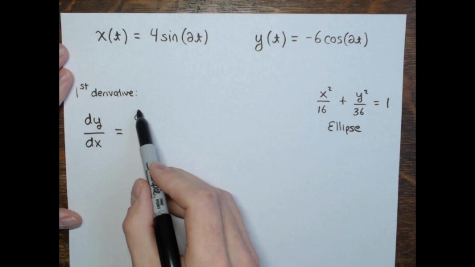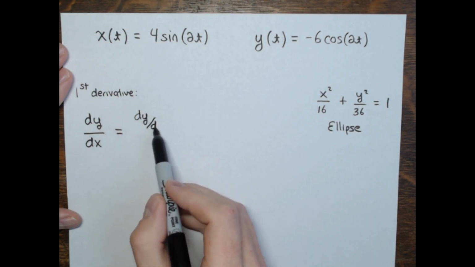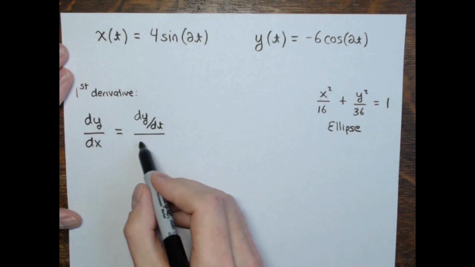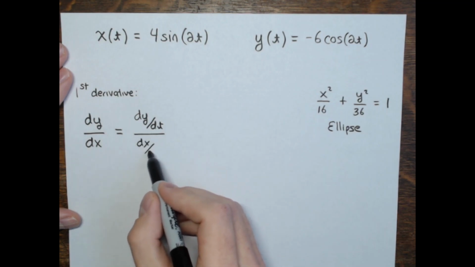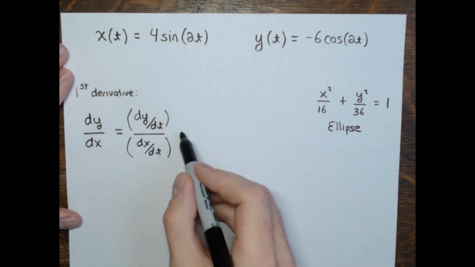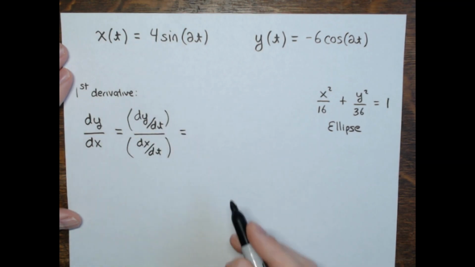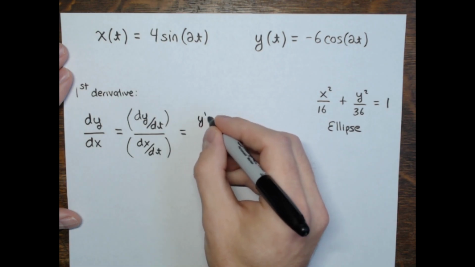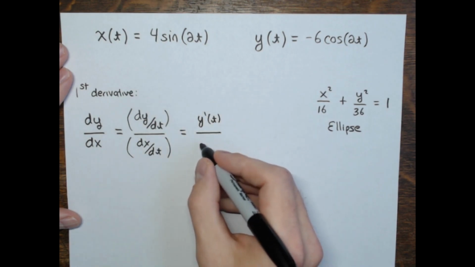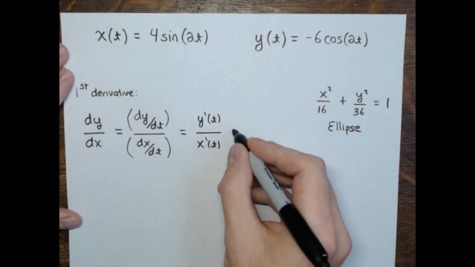So you're going to do dy dt over dx dt. The derivative of y with respect to t in the numerator, which you might just call y prime of t, divided by dx dt, which you could call x prime of t. Whatever.